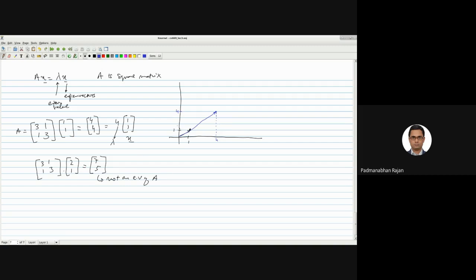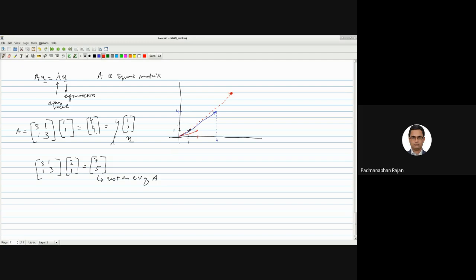Whereas if you take 2 1, for example, 2 here and 1, this is my vector 2 1. If I take 2 1, the answer I'm getting is 7 5, which is approximately 4 5 6 7, so 7 5 is maybe somewhere here. So now this red vector becomes something like this. It's not exact, something like this.